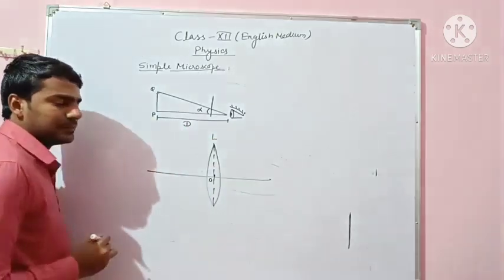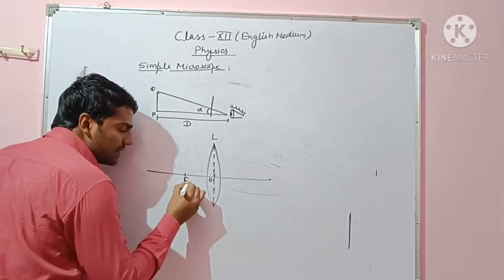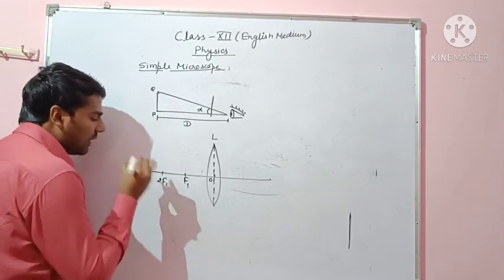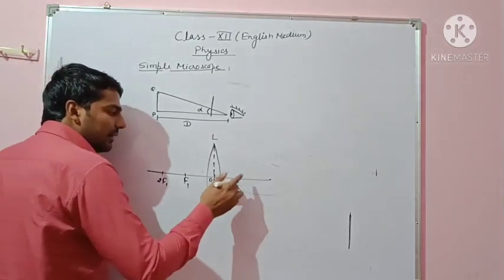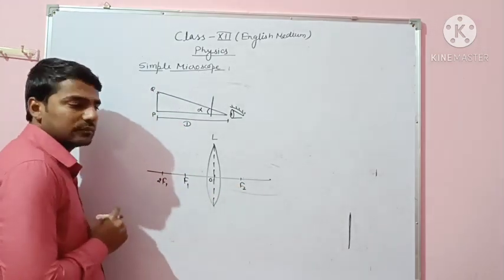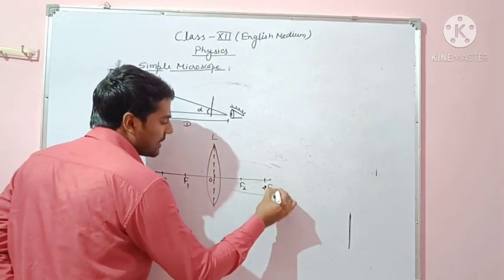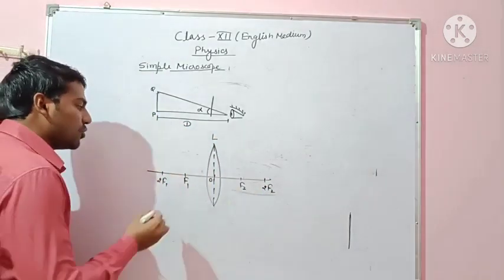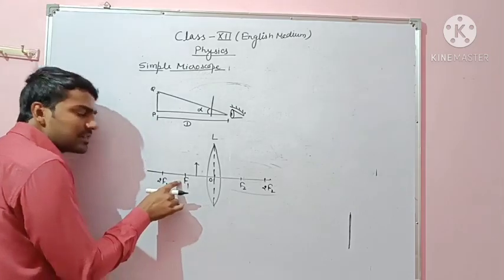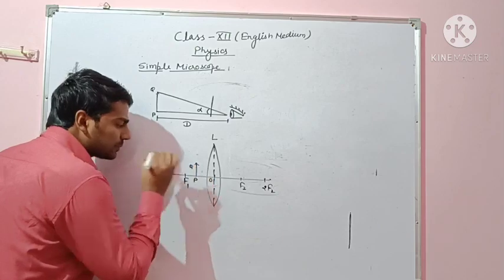This is lens L. This is the first focus of the convex lens, and here the first center of curvature. On this side is the second focus of the lens, or the second center of curvature. We assume the very small object is situated between the first focus and the optical center. This is P and this is Q.